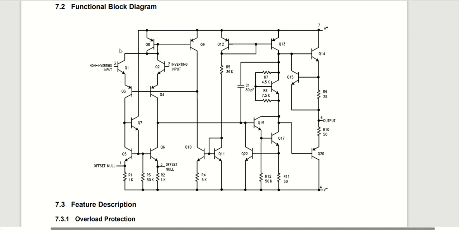I can see the differential input. This is obviously the offset null, but it looks like a current mirror to me, possibly an adjustable one. Another current mirror up here. This looks like an active load, possibly.